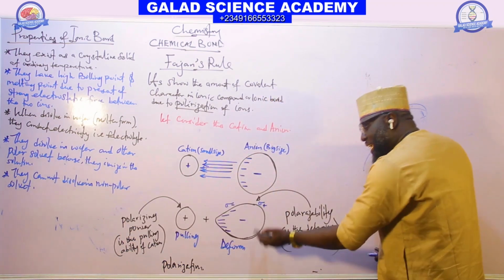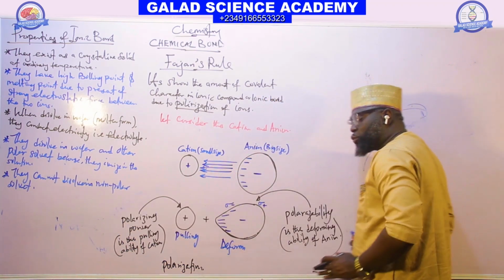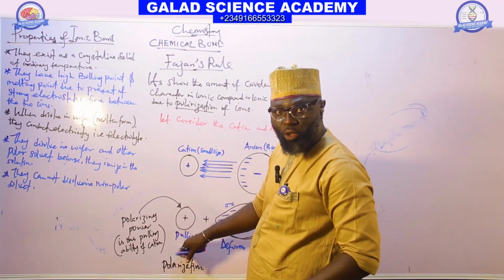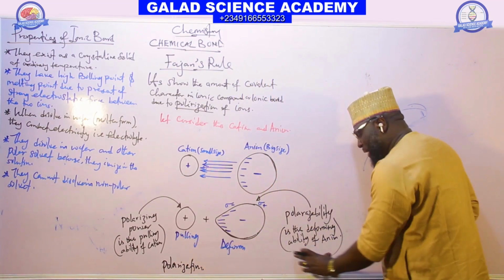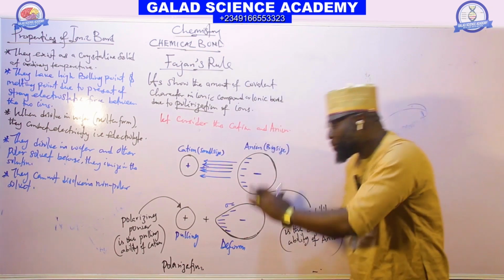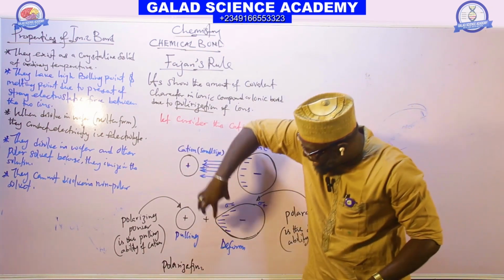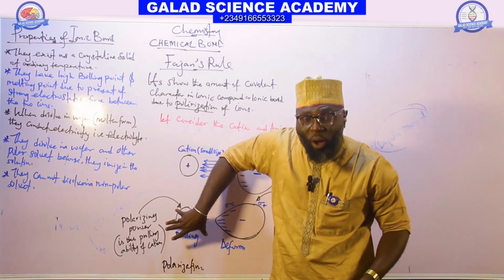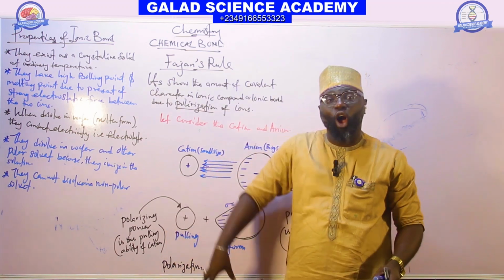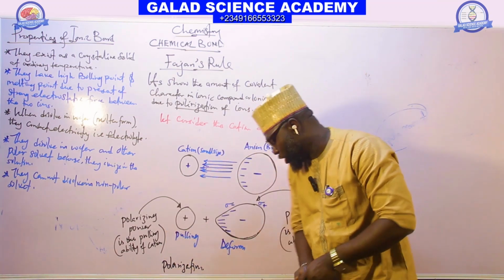The ability of the anion to deform toward the cation, we call polarizability. And the entire process whereby the electron cloud is being attracted toward the cation is called polarization.